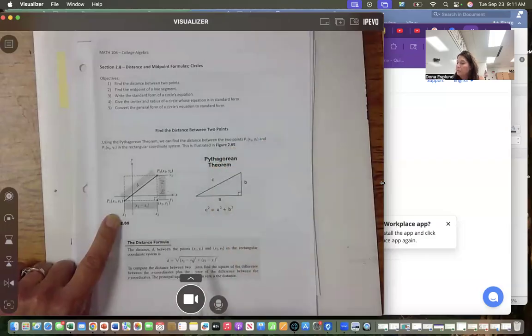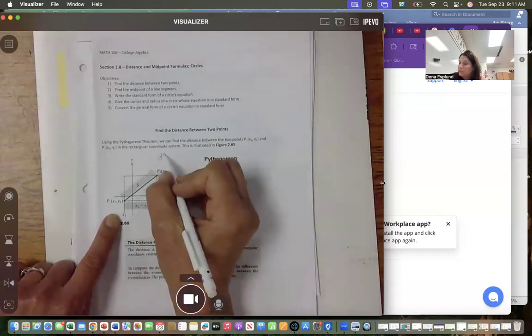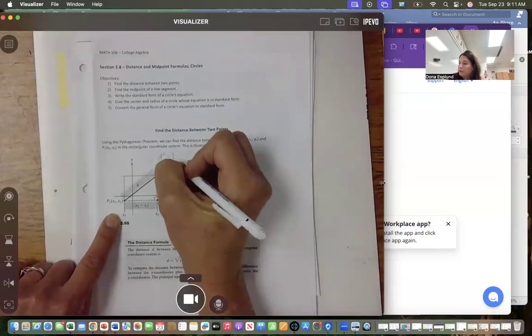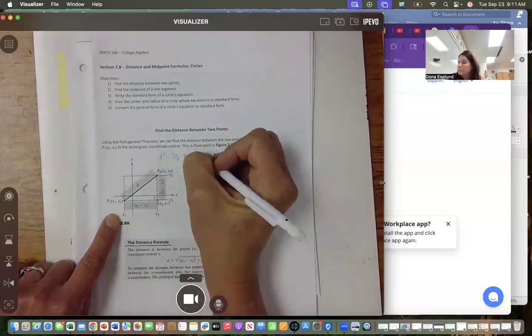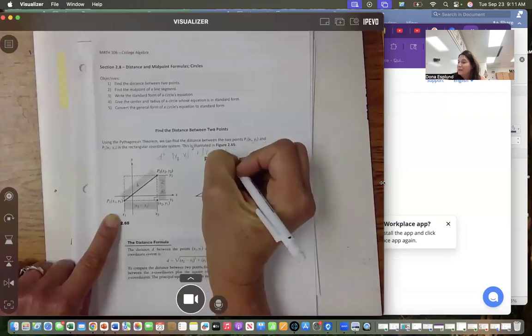So the distance squared would equal the absolute value of x2 minus x1, squared, plus the absolute value of y2 minus y1, squared.